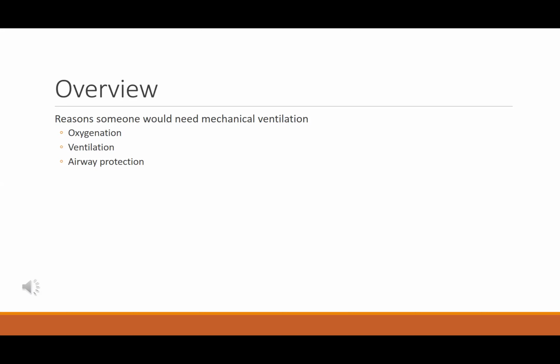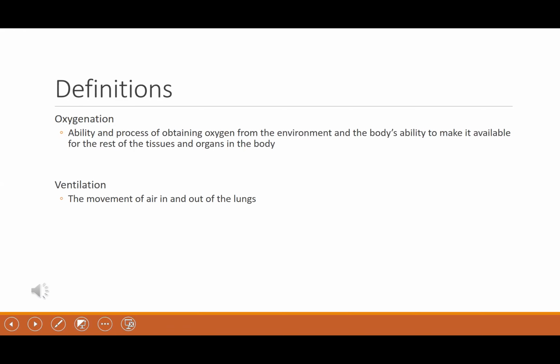But when someone needs to be put on a mechanical ventilator, they are either having a problem with their oxygenation, a problem with their ventilation, or they're having trouble protecting their airway, or maybe some combination of all three of those things. So we'll first talk a little bit about oxygen delivery after we look at some of these definitions, and then we'll move through the other two.